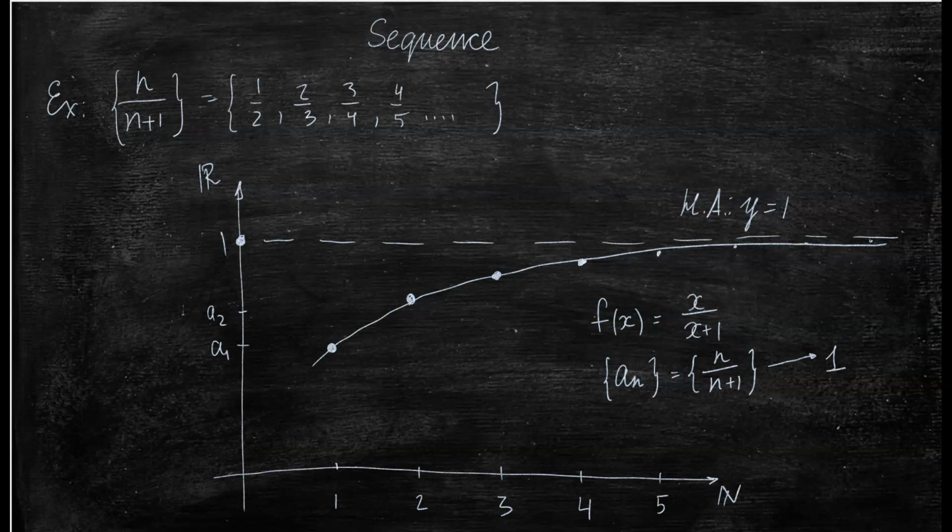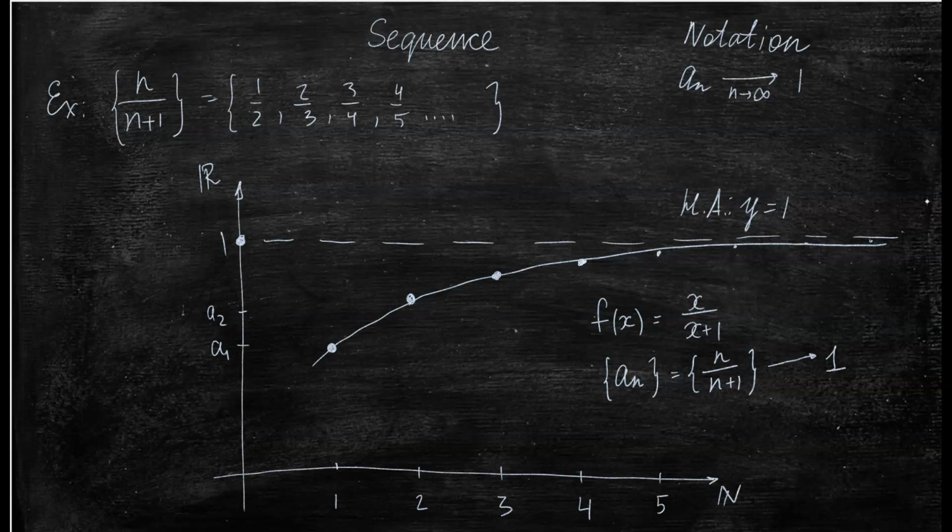So we adopt the following notation. We can say that this sequence converges to 1. We can write it with n goes to infinity here, or we may omit this because n has to go to infinity.